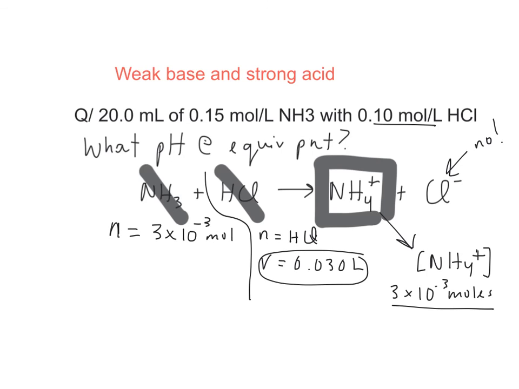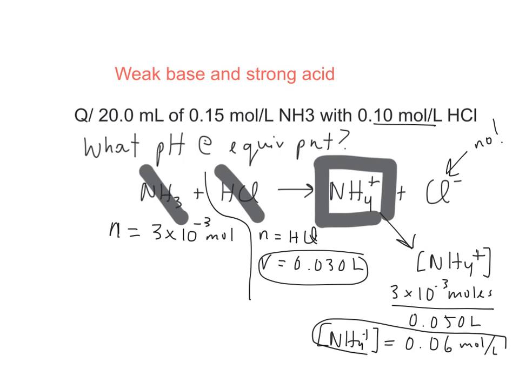The total volume is now 50 mL. So the concentration of ammonium is 3 times 10 to the negative 3 divided by 0.05, which is 0.06. Again, I plugged that into my calculator. I'm not ashamed. Moles per liter. This is what's hopping into an equilibrium system.